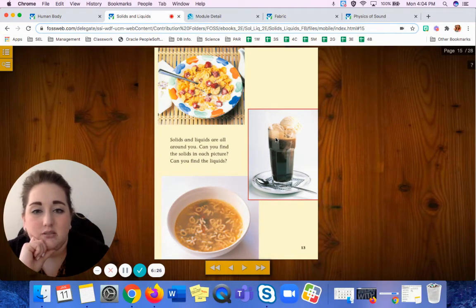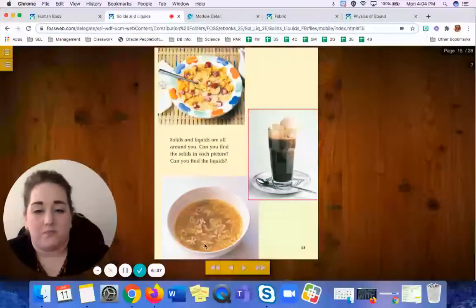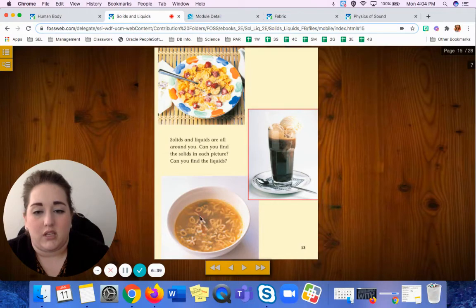Liquids: the soda. Good job. And down here, solids: the soup noodles and the vegetables that are in there. Good job. And the liquids: the soup broth. Nice work.